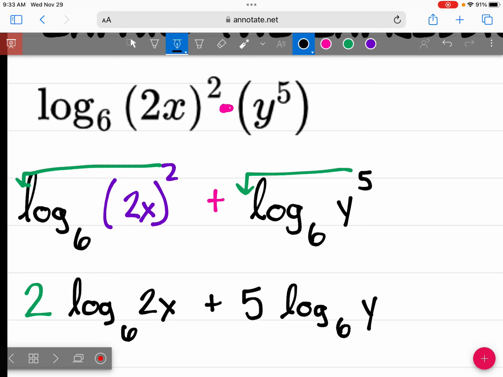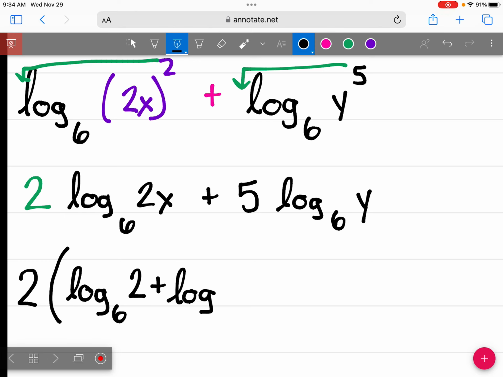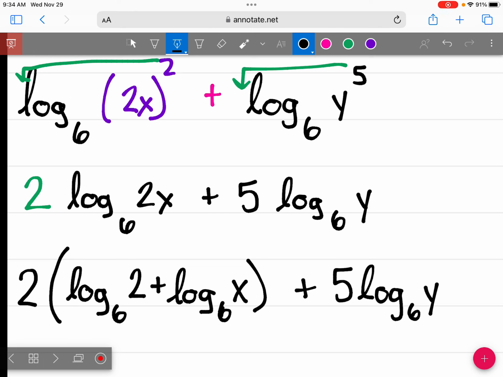Now I have my parentheses gone here and I can split these two pieces apart. 2, but we're splitting it after it's been multiplied, so I'm going to put it in parentheses right now and we can see what's going to happen. Log base 6 of 2 plus log base 6 of x, and 5 log base 6 of y.